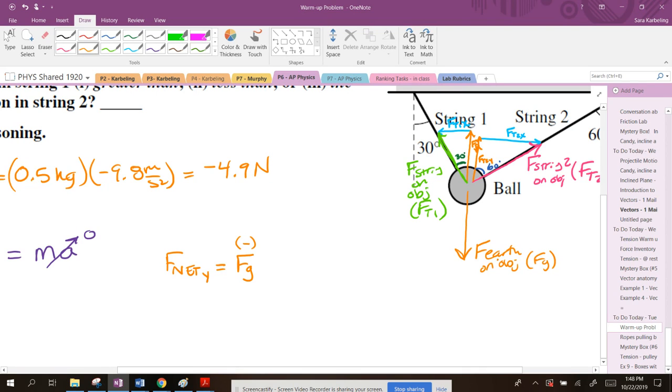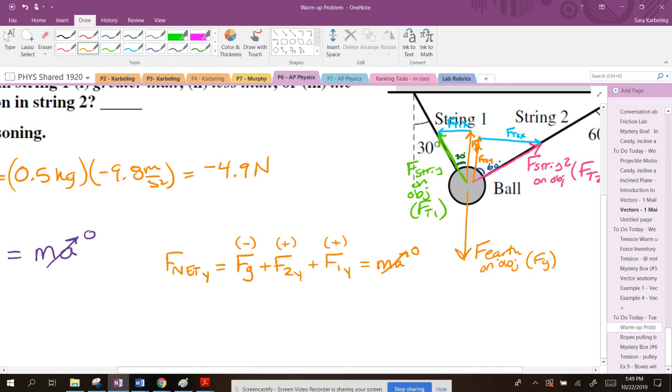What else? I'm just going to write F2 because I'm lazy. Is that okay? And F1, Y? And these are both in the positive direction. What do those add up to? 0, because it's not accelerating in the y direction, right? It's not going up or down.